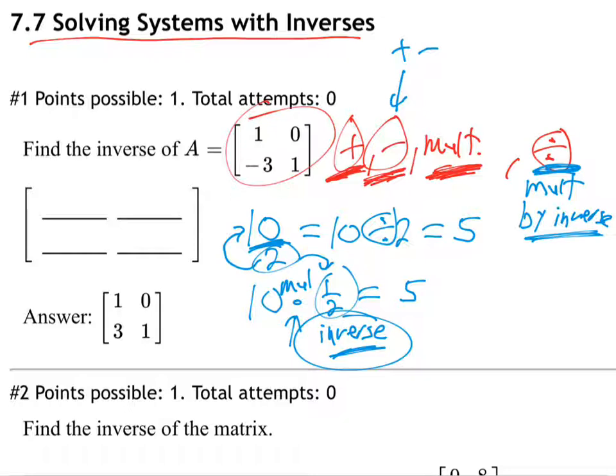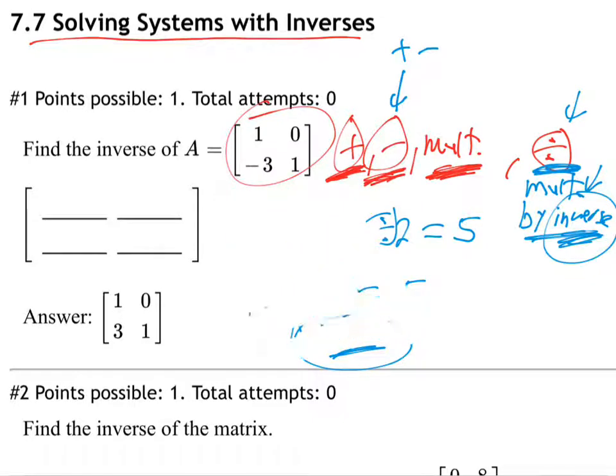Dividing's not something totally brand new. It's just like multiplying, but you're multiplying by the upside down, by the inverse. So to learn how to divide matrices, we have to learn what the inverse of a matrix is, and then we can just multiply by that inverse, and we will be dividing. So that's the issue then. If we want to learn to divide, we've got to learn what an inverse is.